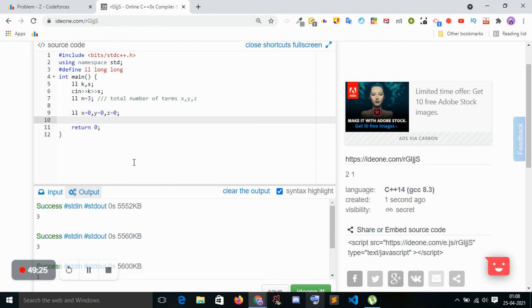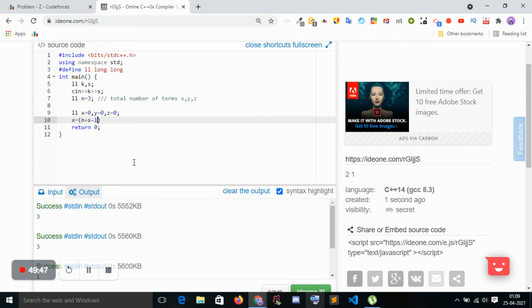So first, let's try x. I am saying that our first coefficient is for x to the power s, so it will become n plus s minus 1.